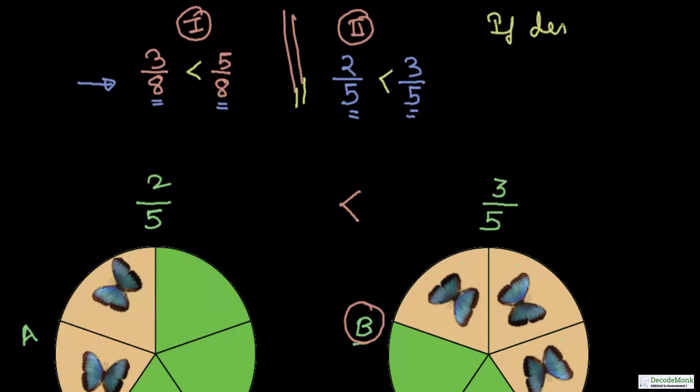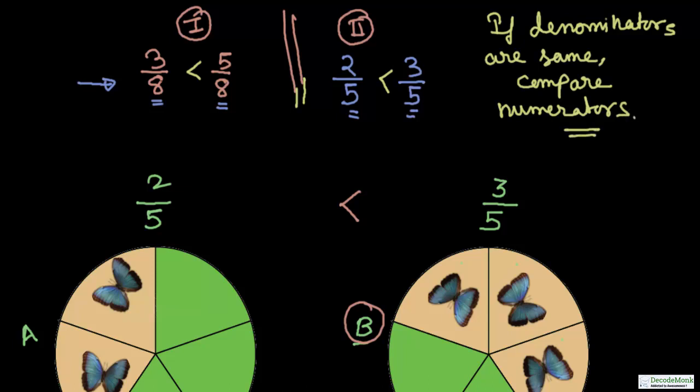So now you must have pointed out the difference: if denominators are the same, compare numerators. Here you can easily say without drawing the pictures that because 5 is greater than 3, 5 upon 8 is greater than 3 upon 8. Similarly, for the other example, because 3 is greater than 2, there can be any number in the denominator but they should be the same.